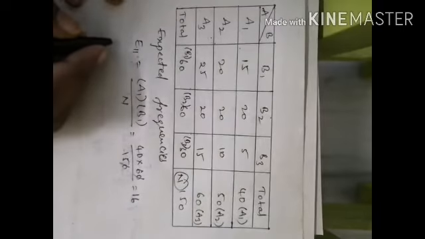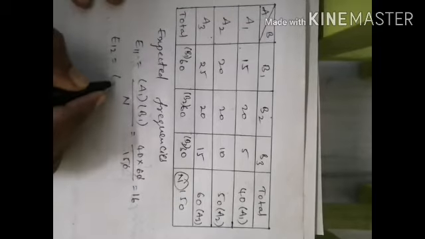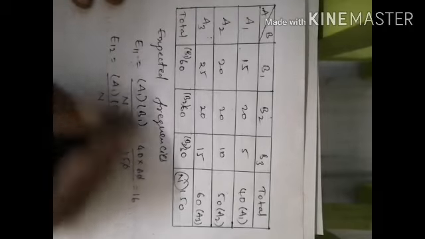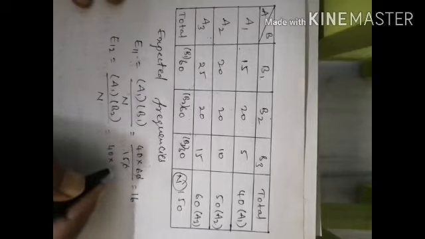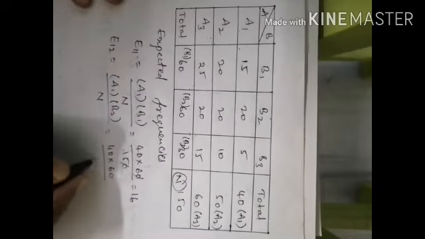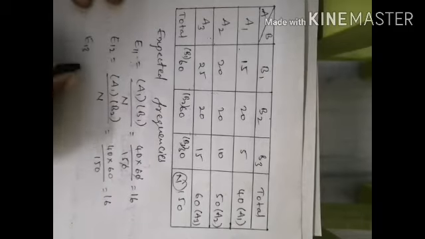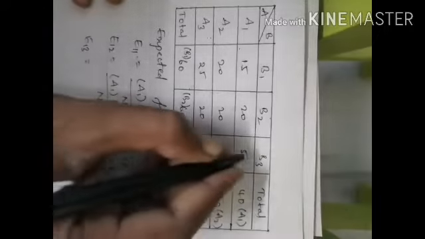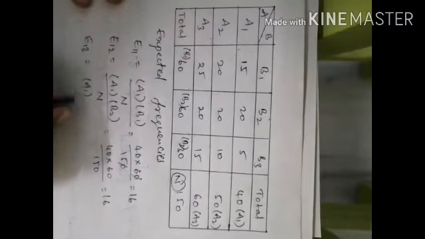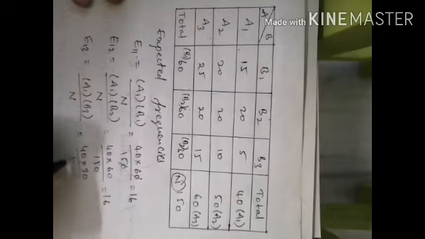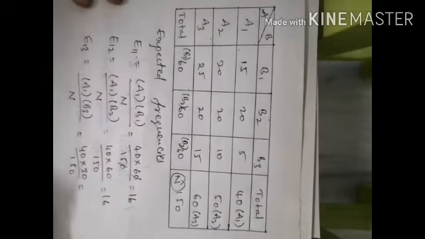Next cell is E12, A1 B2 by N: 40 into 60 by 150, again 16. Then E13, A1 B3 by N: 40 into 30 by 150, which equals 8.